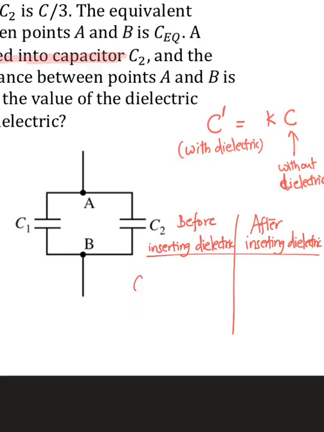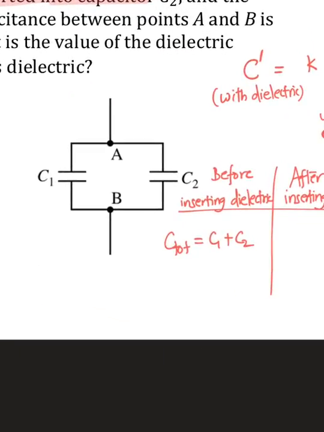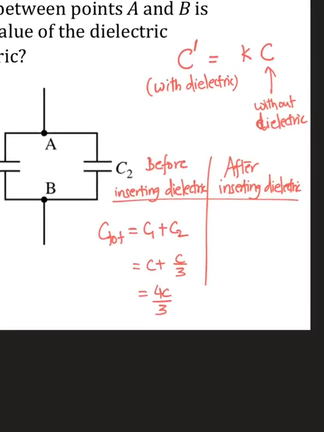Before inserting, C total is equal to C1 plus C2. C2 is C over 3, so this is C and this is C over 3, and we have got this as 4C over 3. Now after inserting the dielectric, we write C total dash equal to.